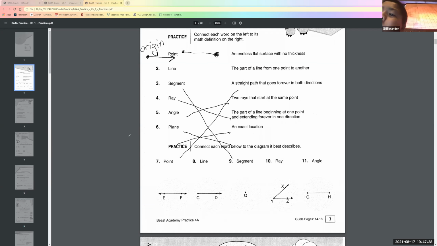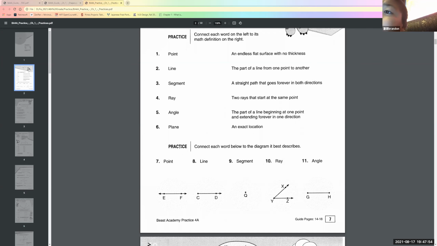So the point is the second one. This one?